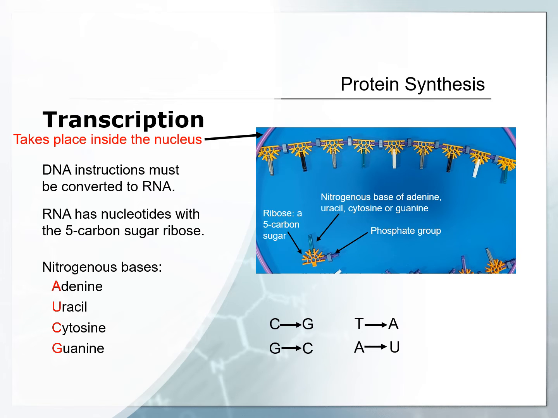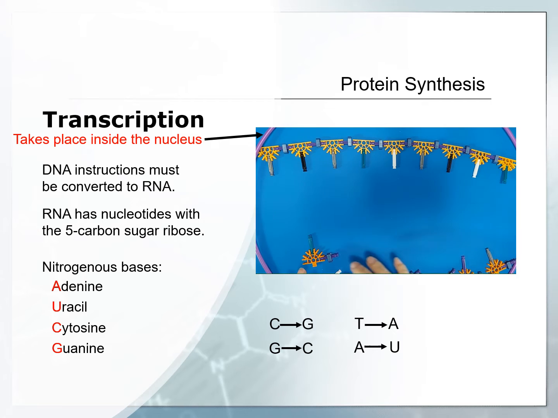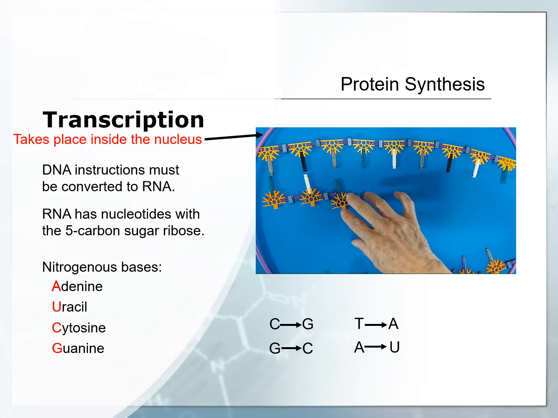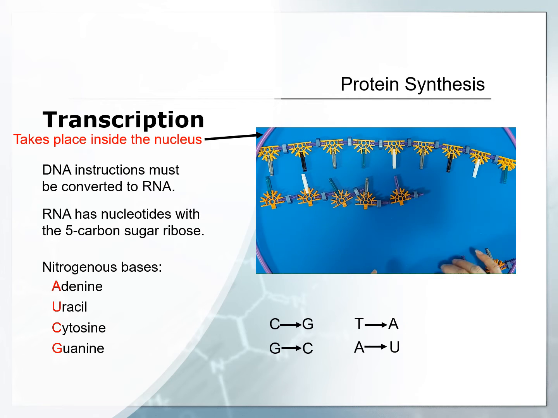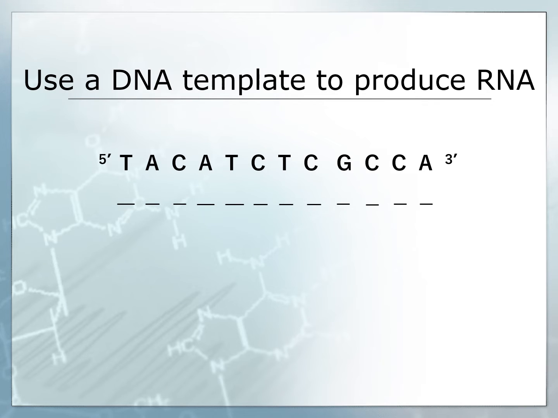Transcription takes place inside the nucleus of a eukaryotic cell. Once the DNA is opened up, complementary RNA nucleotides come in to form a polymer called messenger RNA or mRNA. Let's try a coding exercise.